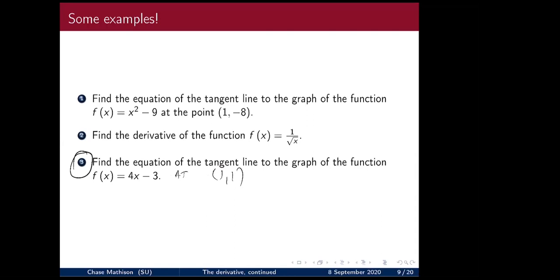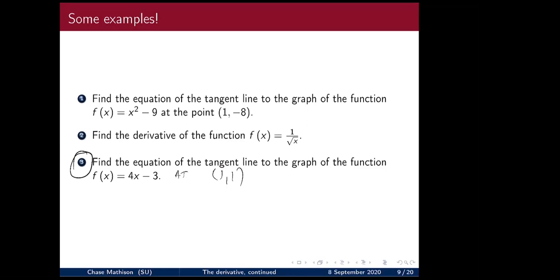Slope and point on the line. Yes, I need the slope and I need a point on the line. So what is slope here? 4x. Yeah, exactly.